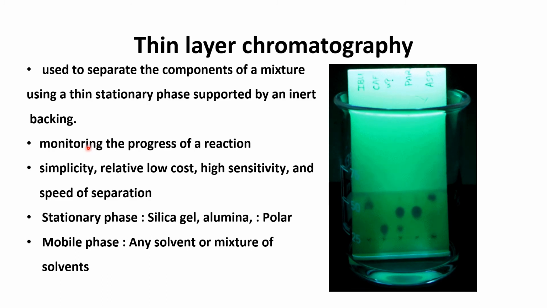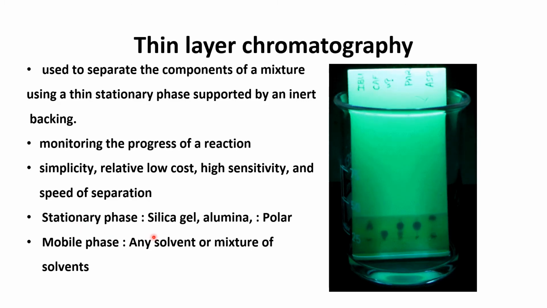TLC is basically used to monitor the progress of a reaction. So what we do is we put the spots of the reactants as well as the reaction mixture. After doing the TLC, if we are getting the spots of the reactants, it means that the reaction is not completed yet. The TLC process is simple, it has relatively low cost, it is highly sensitive, and it depends on the speed of the separation.